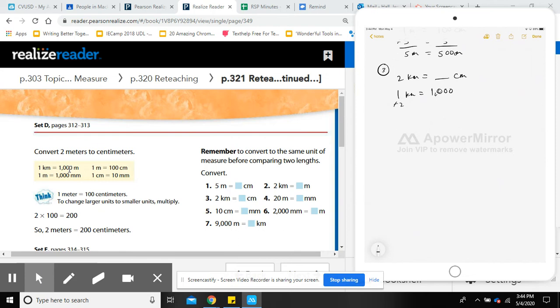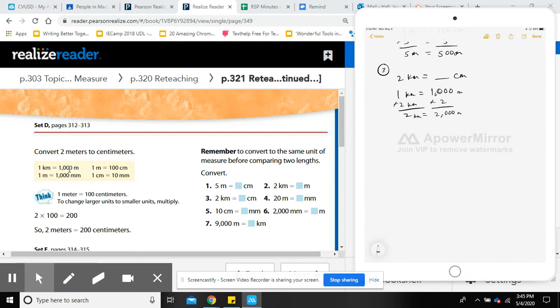So then 2 kilometers, times everything by 2, is equal to 2,000 meters. Sorry, guys, meters.